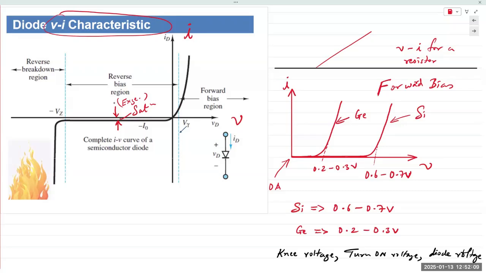Typically, this voltage for a regular silicon diode is about 50 volts. There are diodes that can go up to hundreds of volts. It goes from 50, 100, 150, and so on, all the way up to 400 volts. And then, of course, we have high power diodes that can handle much higher voltages than that in the reverse bias.